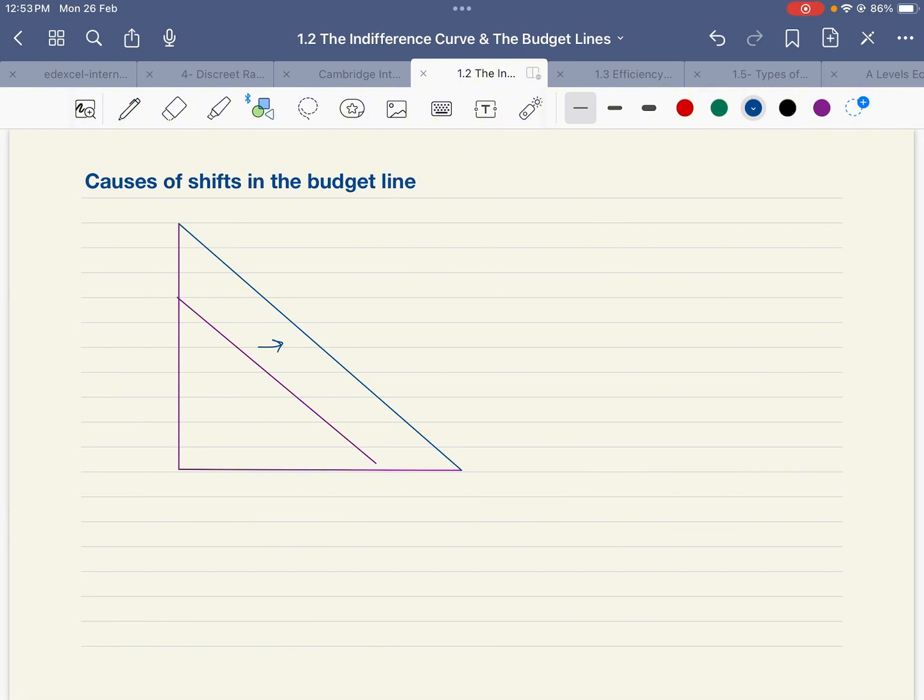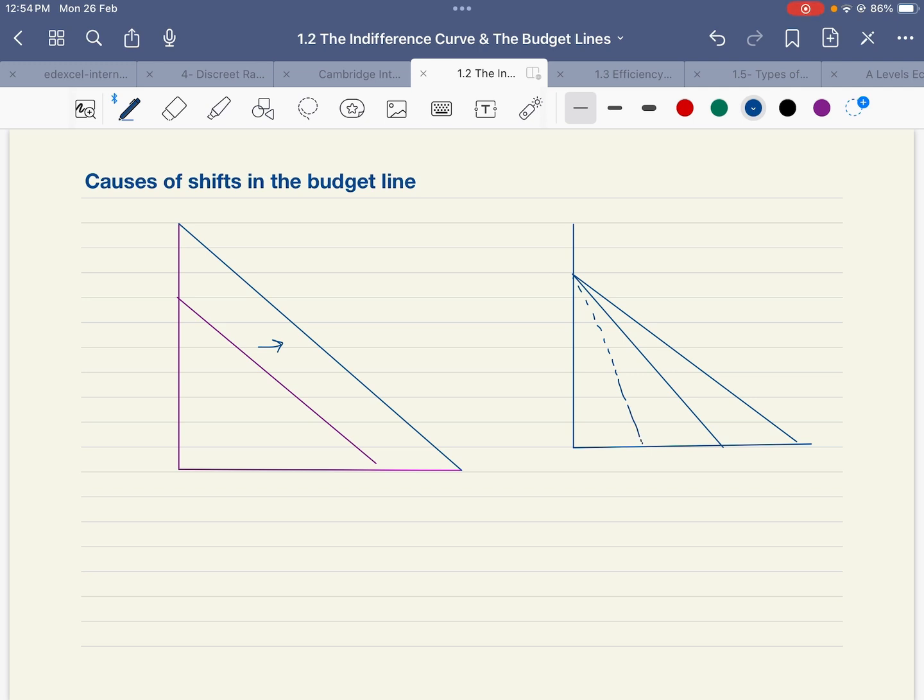The other one is a pivotal shift. A pivotal shift can be of two types. Either it shifts like this. Pivot means it stays fixed at one point. It can stay fixed on the y-axis and move here on the x-axis. The movement can be inward as well with a pivotal shift.